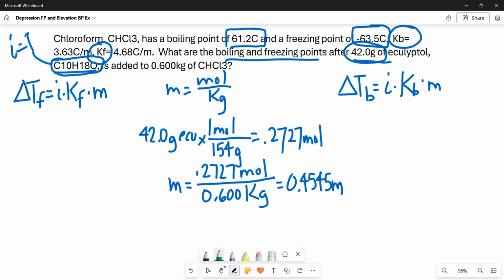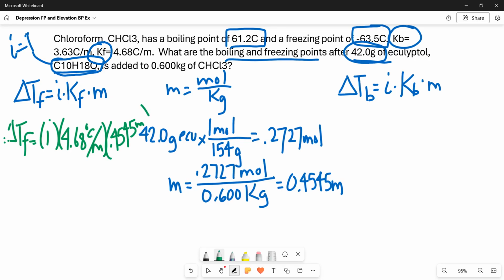So let's go ahead and do the change in temperature. Delta T of F is going to equal the Van Hoff factor, which is 1, times the K of F value, which is 4.68 degrees Celsius per mole, they give us that, times the concentration, which is 0.4545 molal.